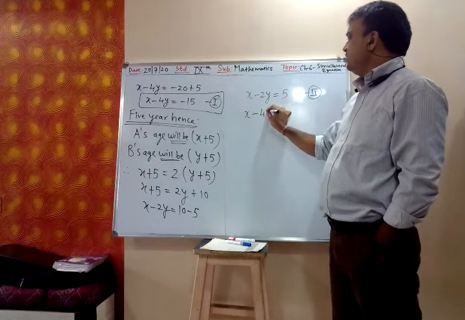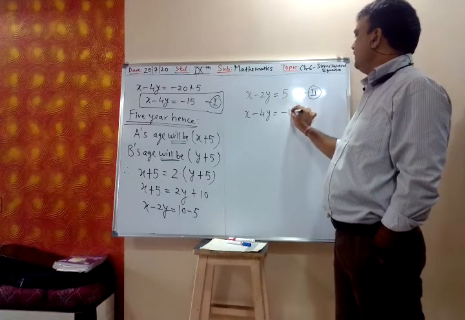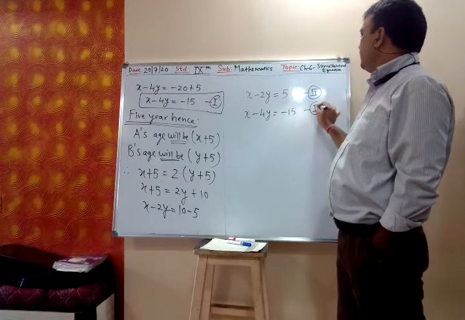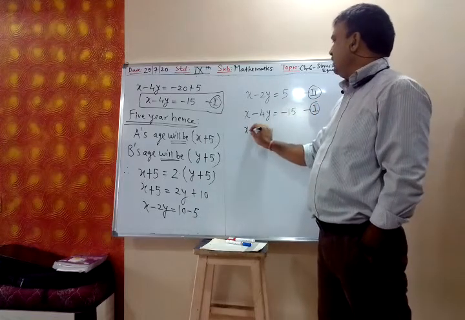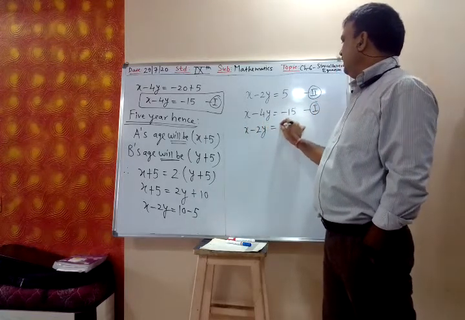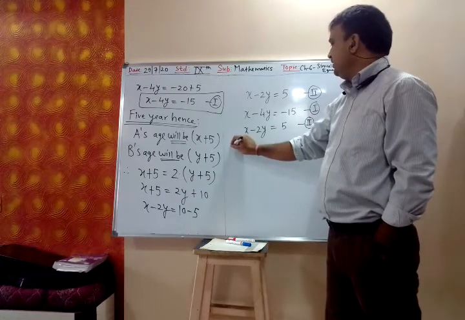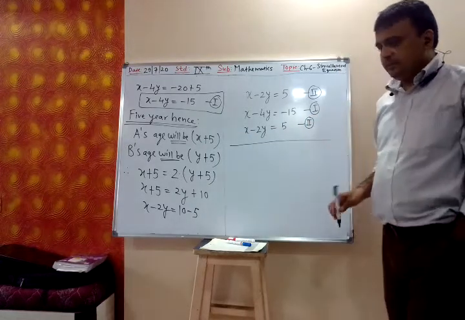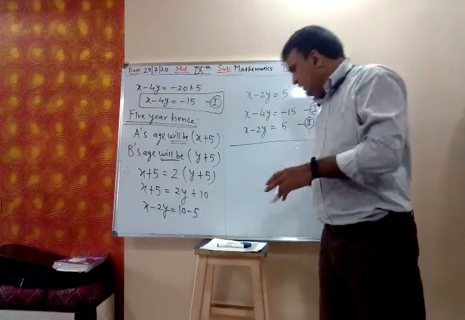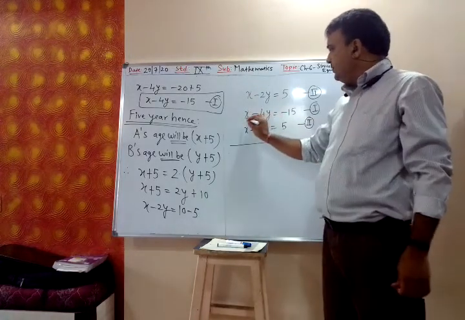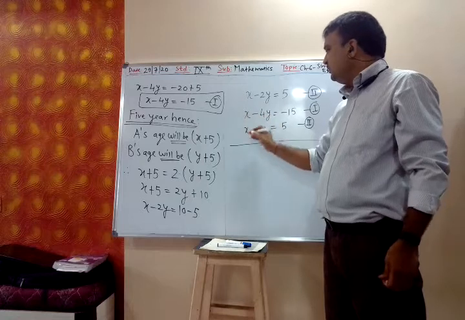x minus 4y is minus 15, equation 1, and x minus 2y is 5, equation 2. Now solve 1 and 2 by equating coefficients. x coefficient is 1, x coefficient 1, equal.